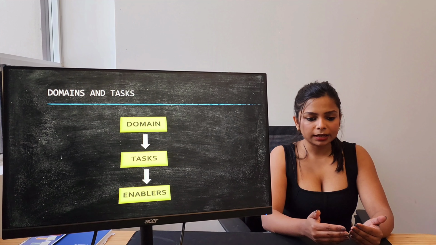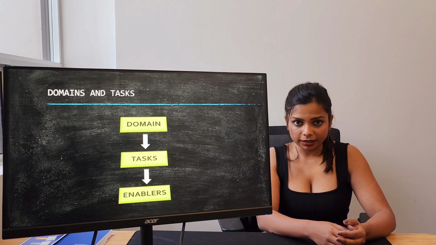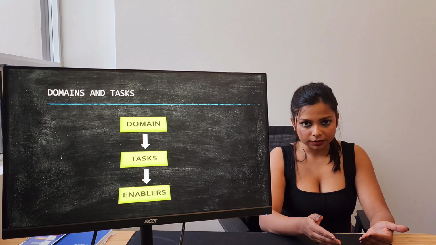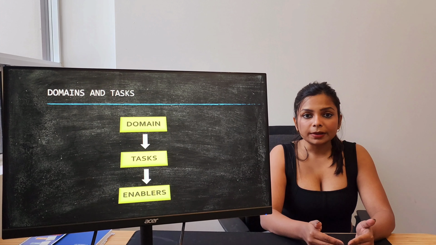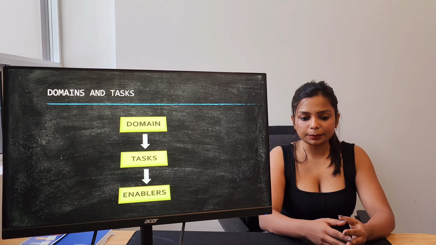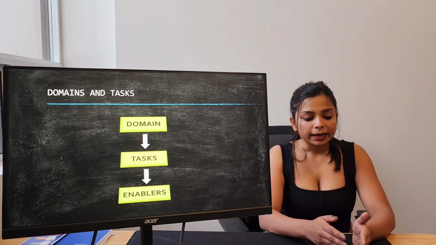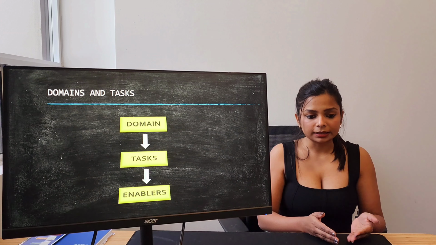Domains are basically the high-level knowledge areas that are essential to the practice of project management. Inside the domain, the tasks are the underlying responsibilities of the project team member within each domain. Inside each task, there are something called enablers.